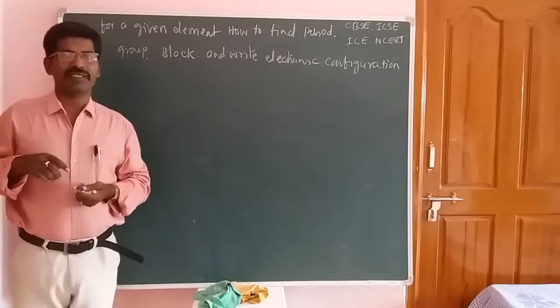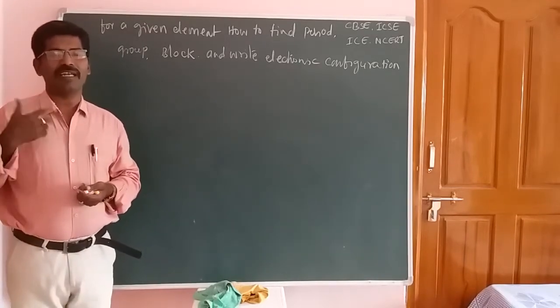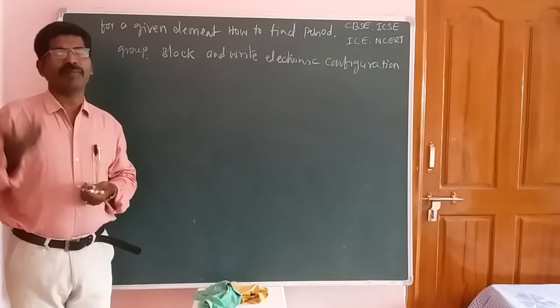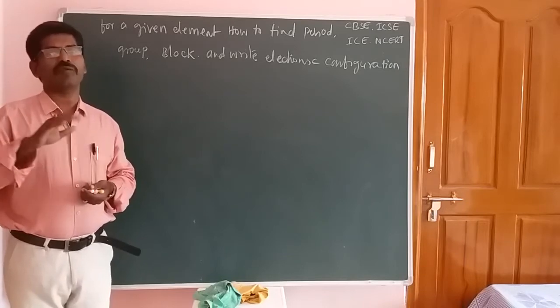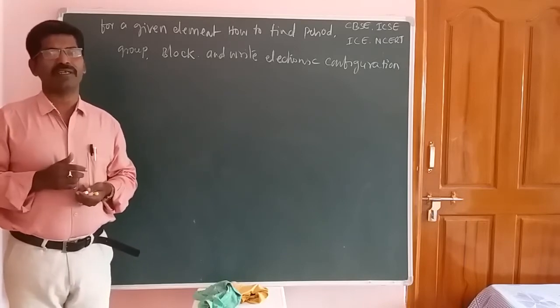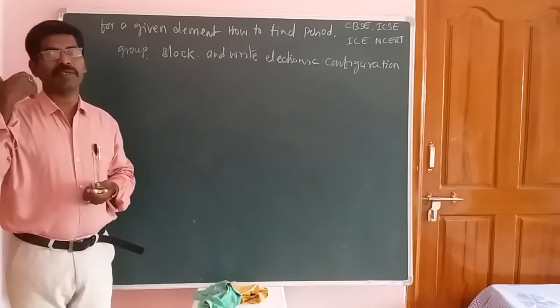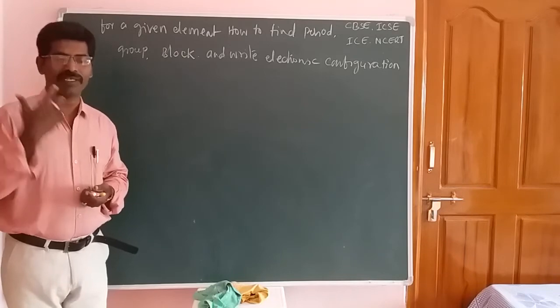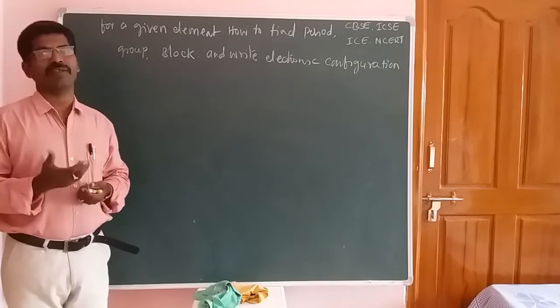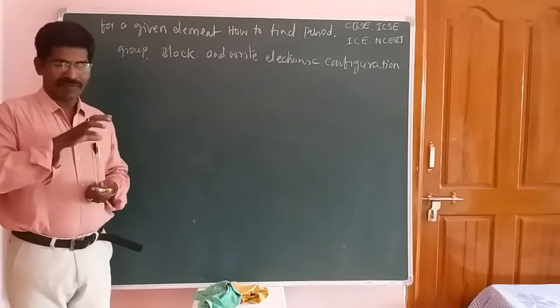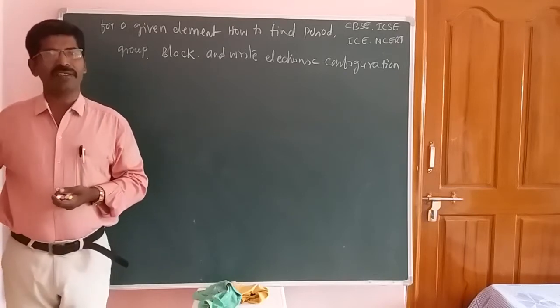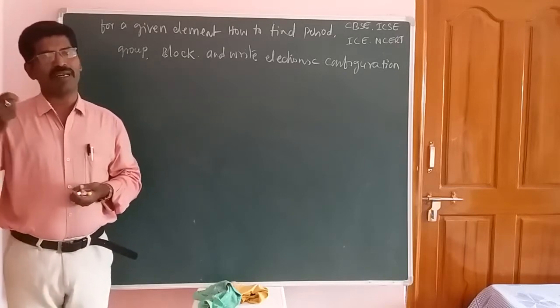Find the atomic numbers, how to write the element names, symbols, atomic weights. Then after that, how to find the period numbers. That means in any period, how many electrons may be present in that period number. So I am coming in a constructive manner. You have to follow the first to last class.